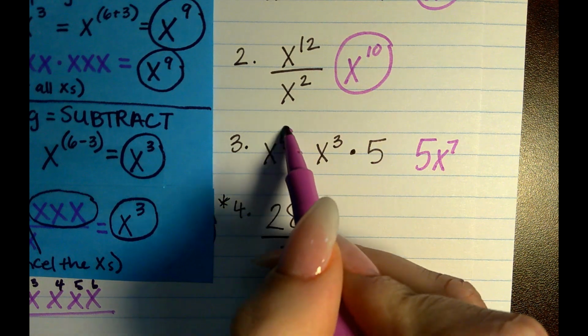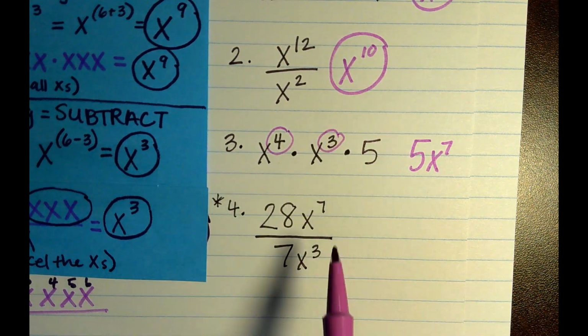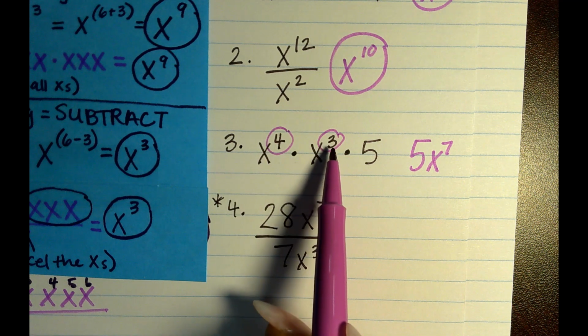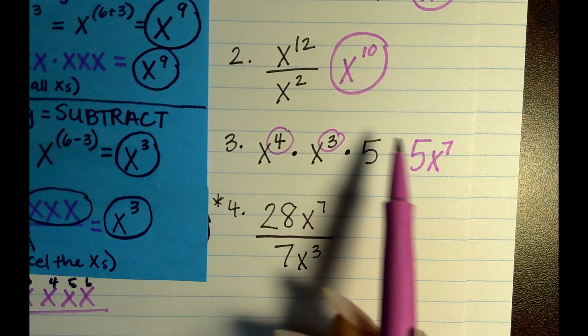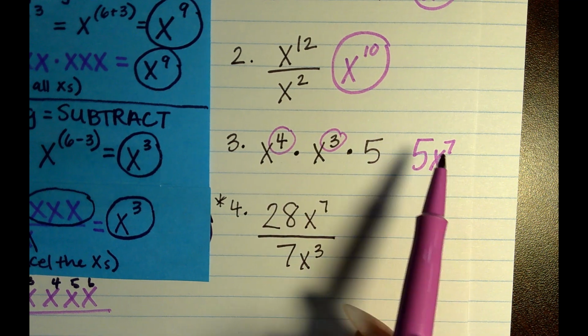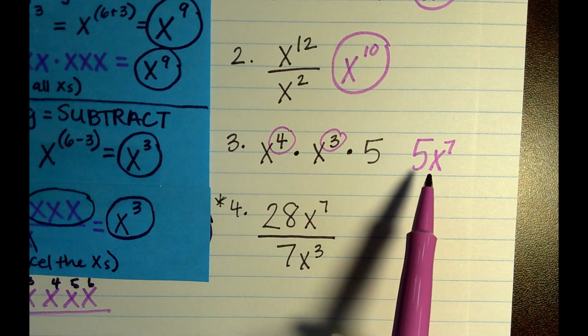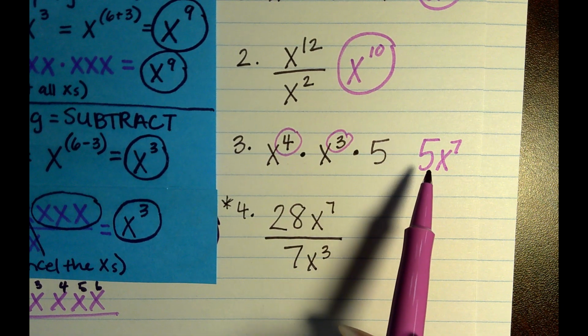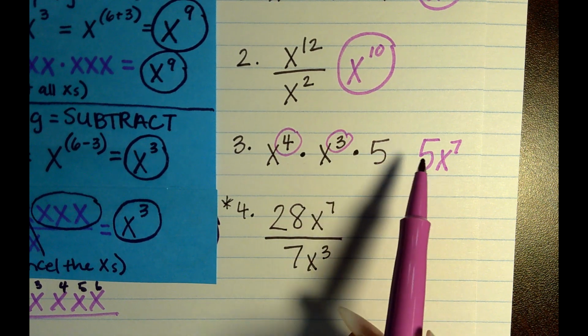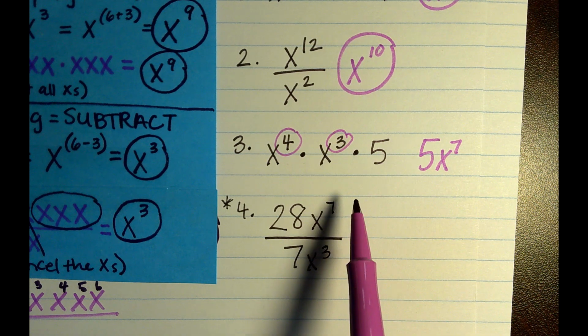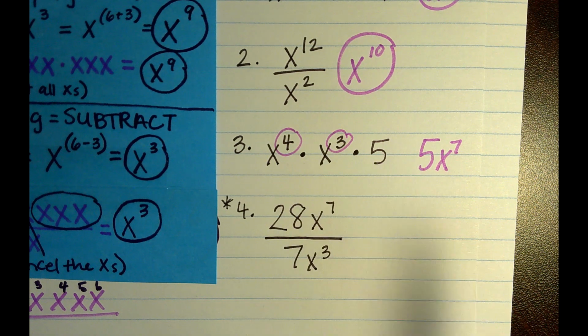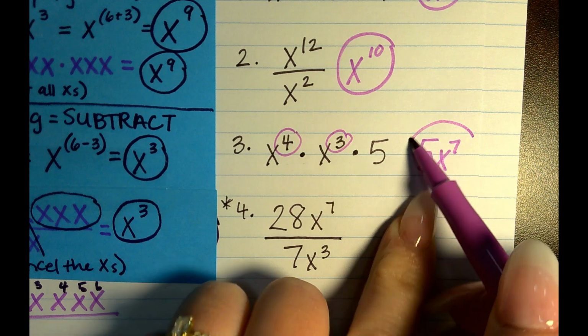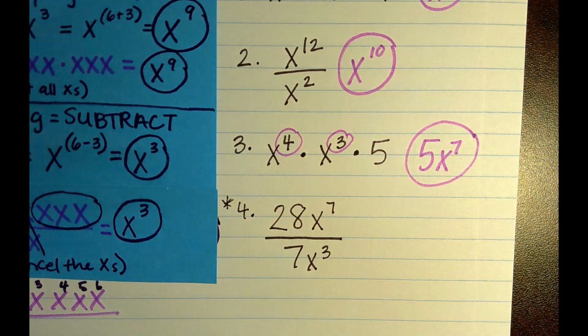So the only numbers that we're adding are the exponents, 4 and 3. 4 plus 3 is 7. And when we take x to the 7th power times 5, I don't know what x is, so I can't really do anything other than say 5 times x to the 7th power. It'd be 5x to the 7th power. That's our answer.